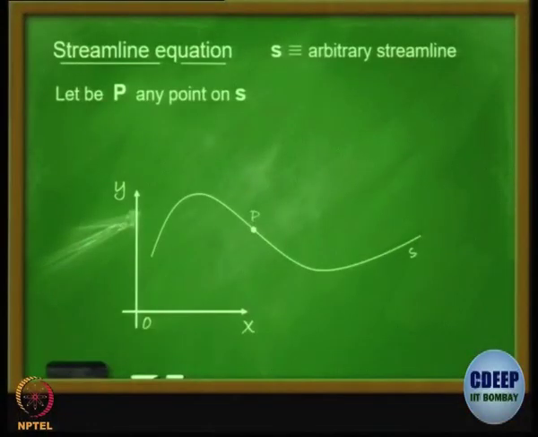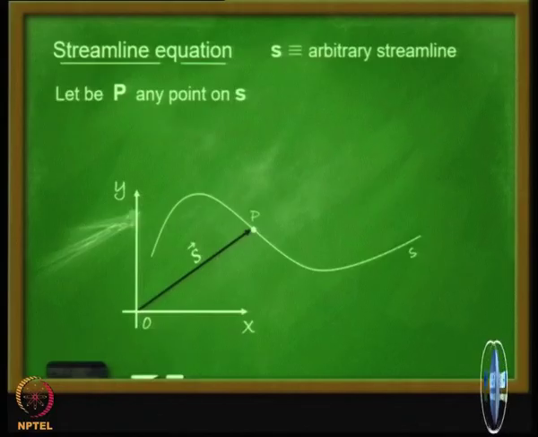Okay. So let's do a little bit of maths, just a little bit of maths to model the streamline. Very simple. Back to the green board. Look at the equation of a streamline. Again you have the flow field and we have any arbitrary streamline S which passes through a point P. This point P is located in space at the position vector S bar.